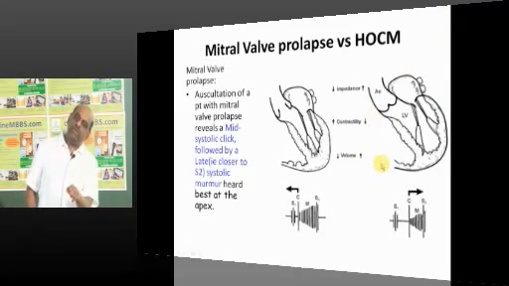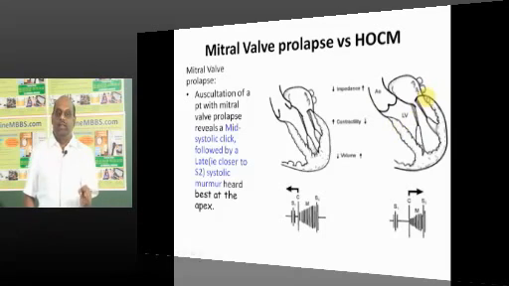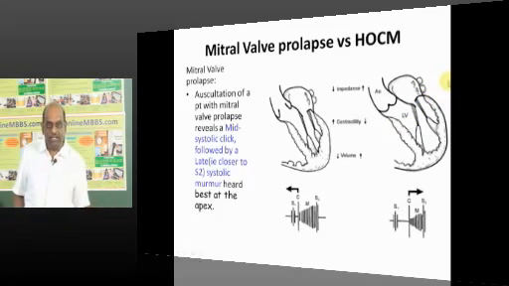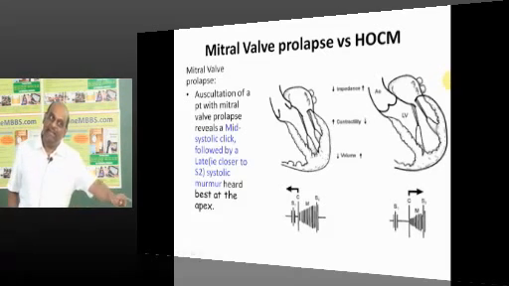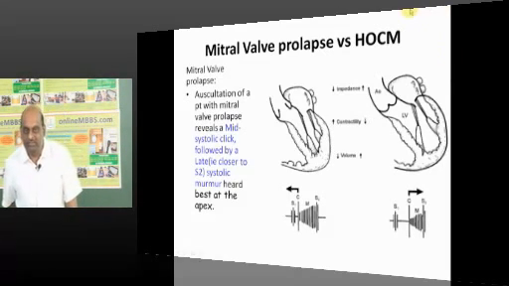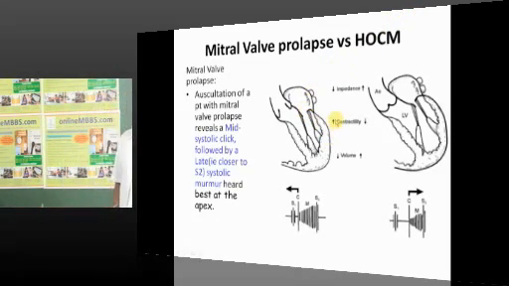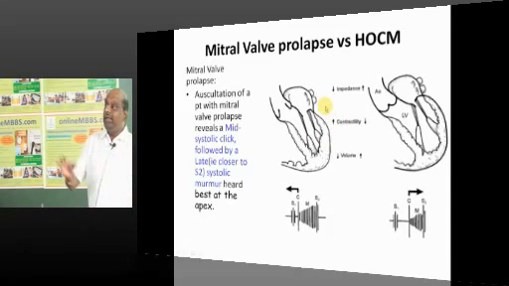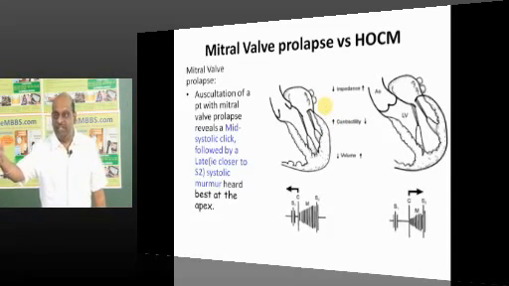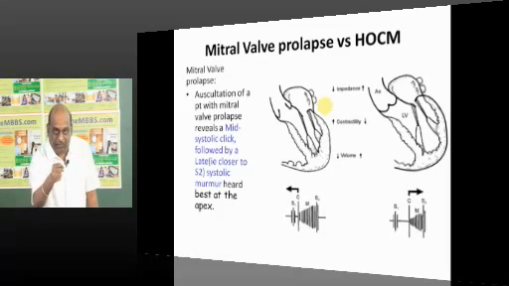So if the LV size is small, HOCM worsens, and MVP also will worsen. Both of them will worsen. But what is the difference? If there is increased total peripheral resistance, meaning aortic root pressure is high, what happens?